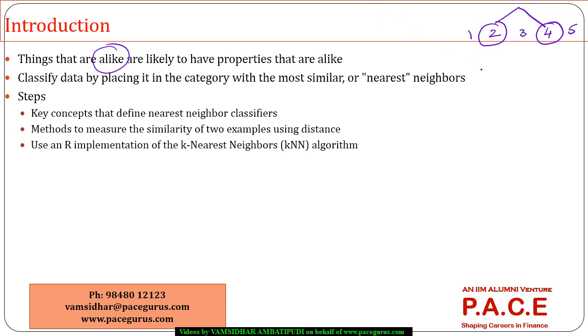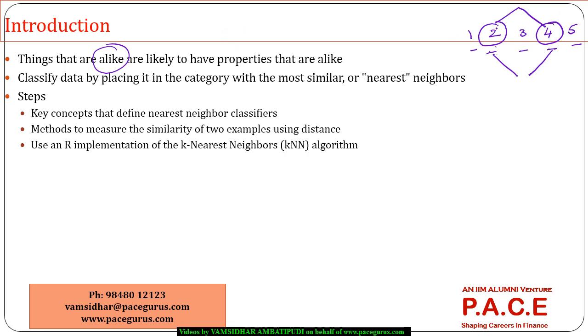Even if we are talking about 2 prices, let's say we are talking of these 5 as the prices of the products, if these 2 are more or less similar, we say that their behavior is also more or less similar. So that is the basic concept that we are talking of.